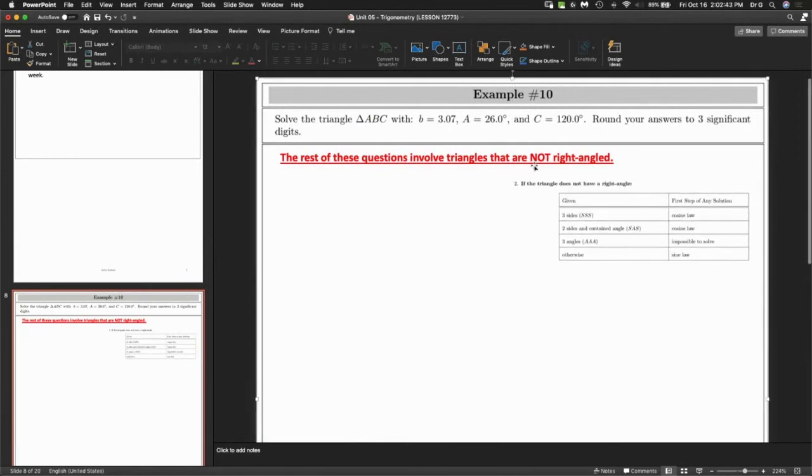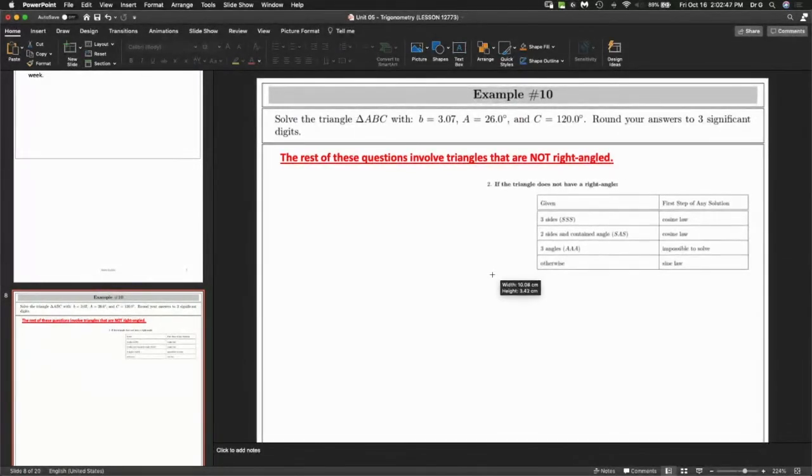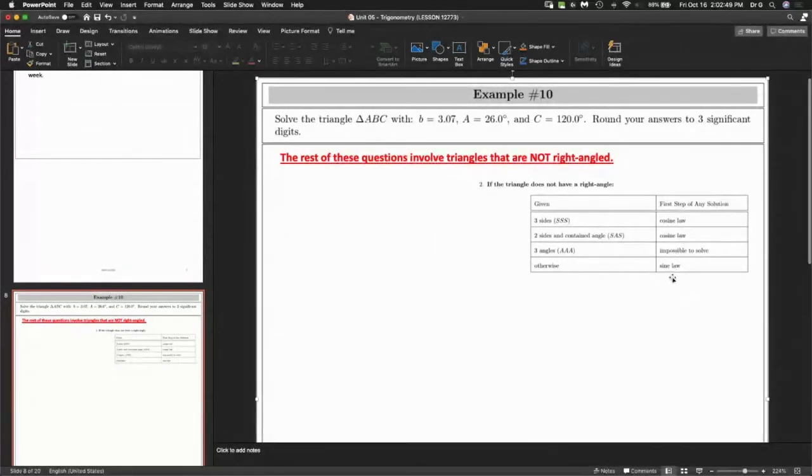It says here, if the triangle does not have a right angle, then you're going to use either the sine or cosine law, or if you're given all three angles, it's an impossible question. I'm not a fan of impossible questions on midterms or quizzes, so for that reason, I'm not going to play any games with you. The question will have a solution and you can figure it out.